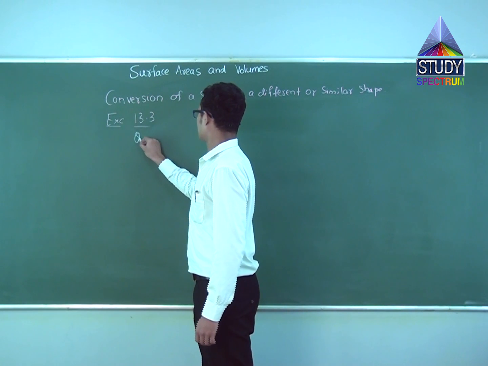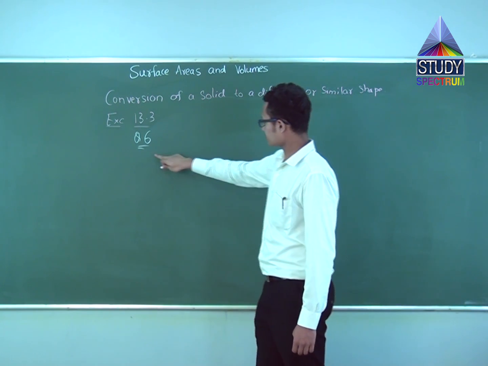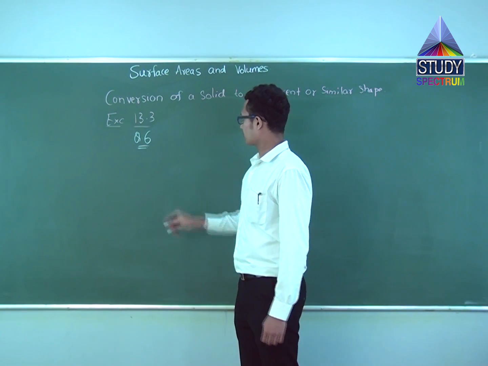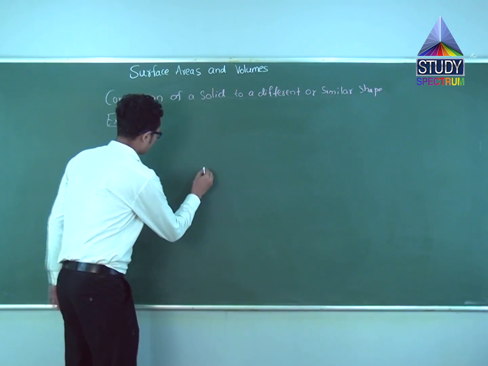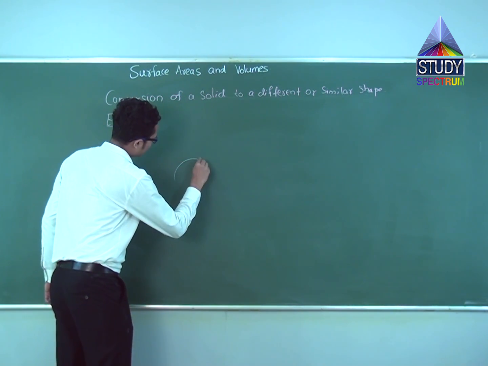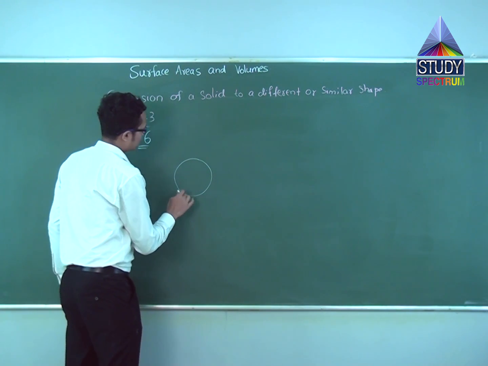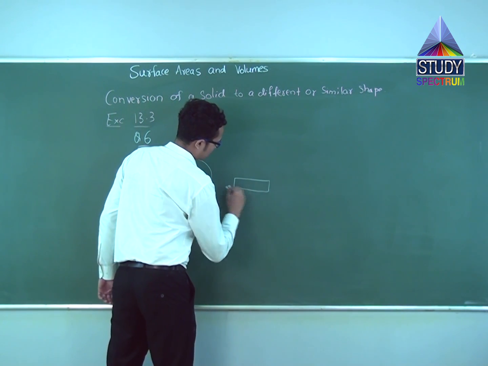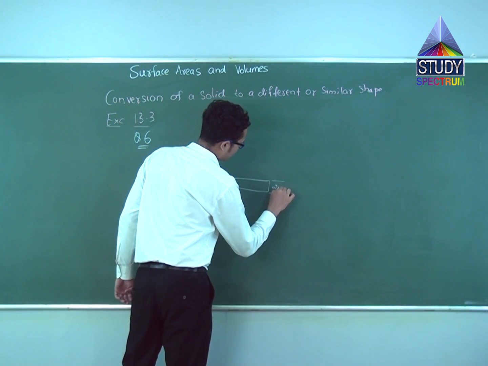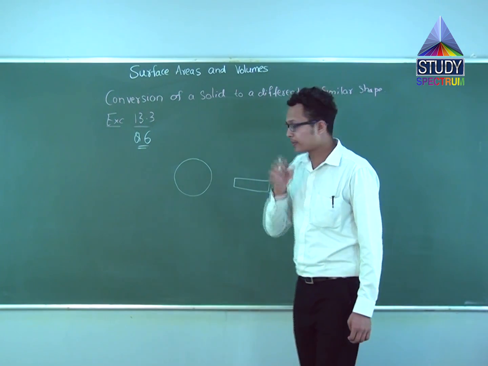Question 6 from exercise 13.3. In this question, you have a silver coin whose thickness is 2 mm.